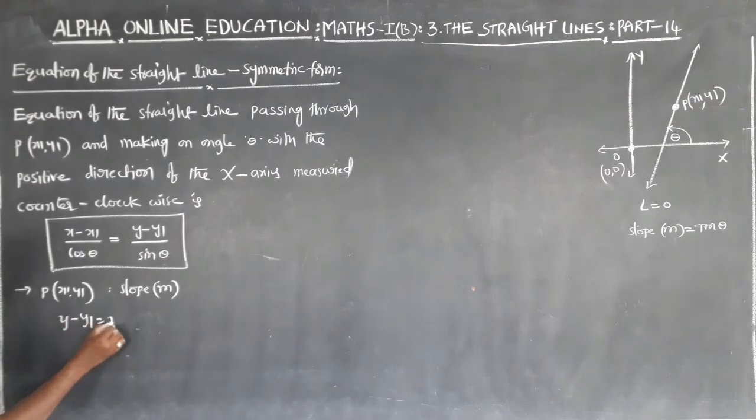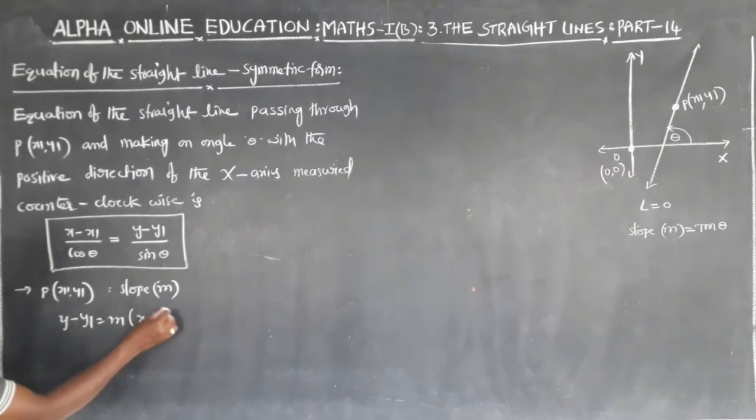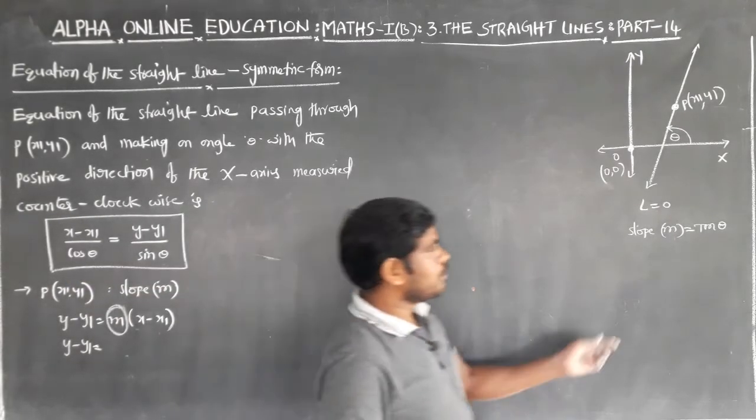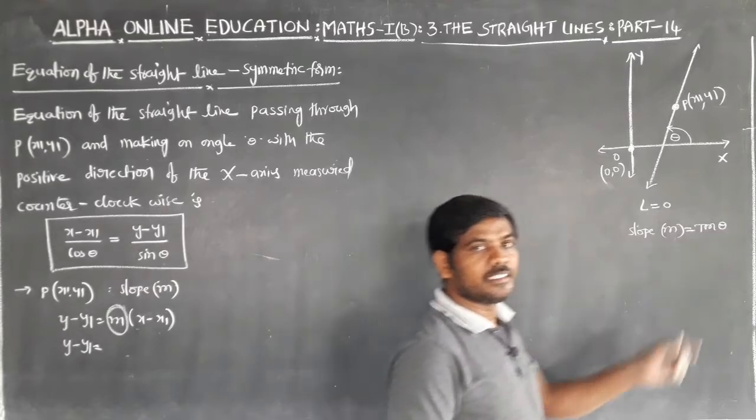y minus y1 is equal to m into (x minus x1). Here m means slope, and slope m is equal to tan theta.